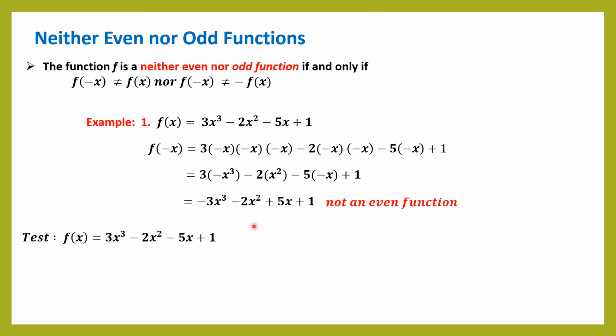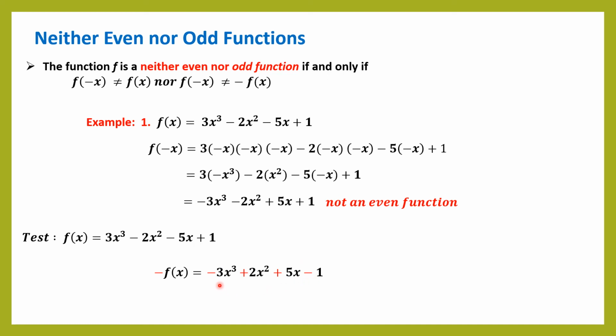So, sa odd function, kinakailangan lang nating i-change lahat ng signs ng original function. So, we'll have here negative f of x is equal to negative 3x cubed, kasi positive siya dito. Then, minus 2x squared, gagawin na natin siyang plus 2x squared. Then, minus 5x, gagawin natin ditong plus 5x. Then, plus 1, gagawin natin ditong minus 1.